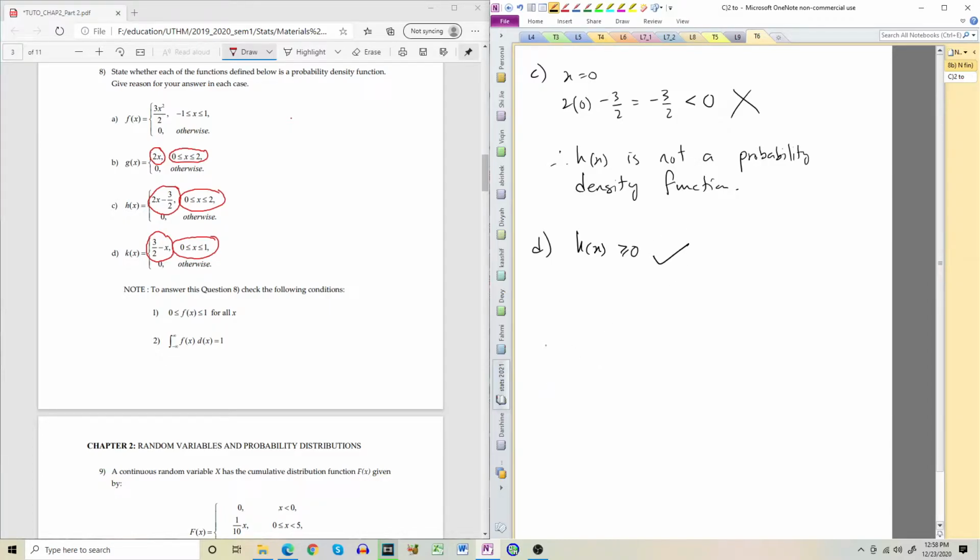Second condition. For the second condition, you have to integrate this.